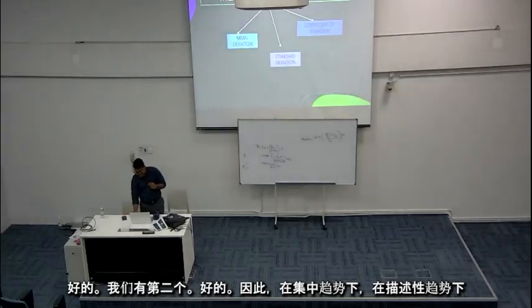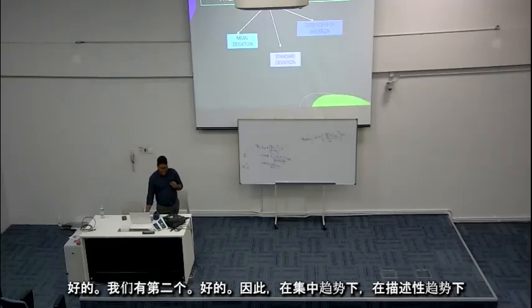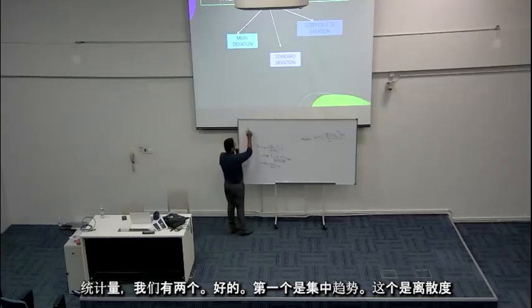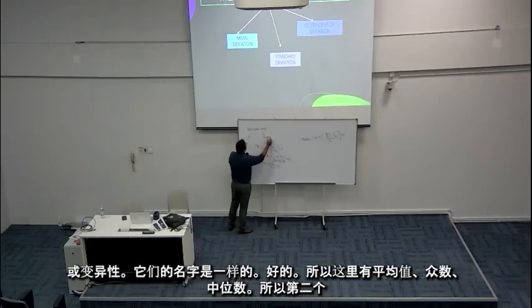Alright, so we have the second one. Under the descriptive statistic, we have two. The first one is central tendency, and this one is dispersion or variability.